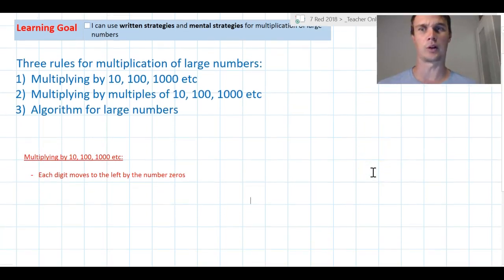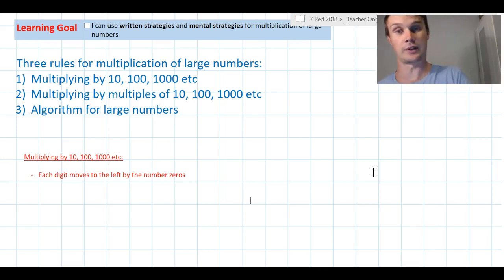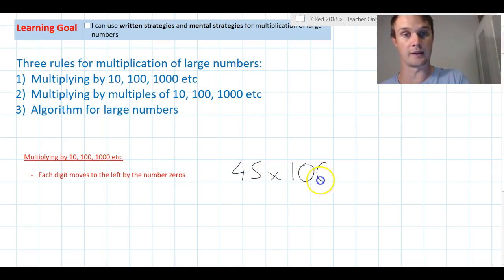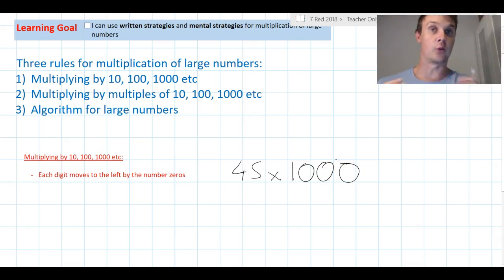So how do we multiply numbers by 10, 100 or 1,000? It's quite simple, and I'm sure you're aware of this. The rule you just need to follow is that each digit moves to the left by the number of zeros. So let's write an example here. We've got 45 times 1,000. All you need to do is, as it says, move each digit to the left by the number of zeros.